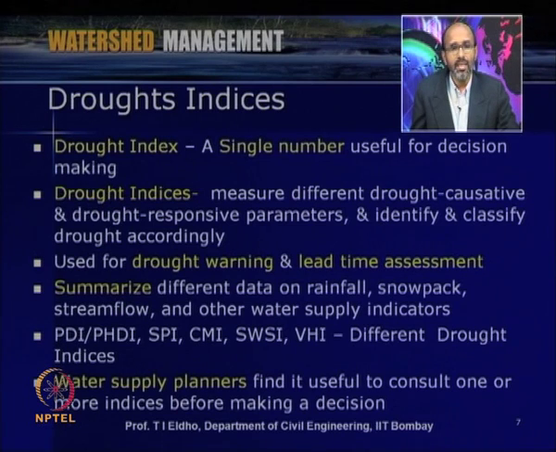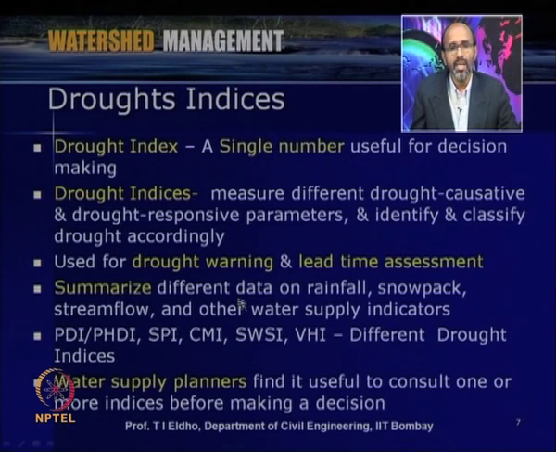Generally this kind of drought index is used for drought warning and lead time assessments. The drought index indicates the possible onset, the severity, and the duration of the drought, so some indications are given by these drought indices. Drought indices summarize different data on rainfall, snowpack, stream flow and other water supply indicators.